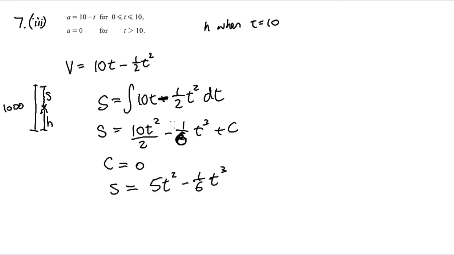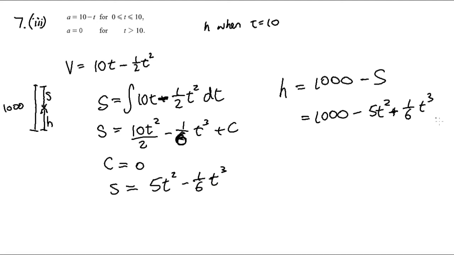And we want to find h, and h is 1000 take s, and s is given in terms of t as the following. So that is 1000 subtract 5t squared plus a sixth t cubed. Remember the negative signs: a negative negative gives you a positive. So that is the expression that you've been asked to get. To find h at t is 10, simply put in t equals 10.